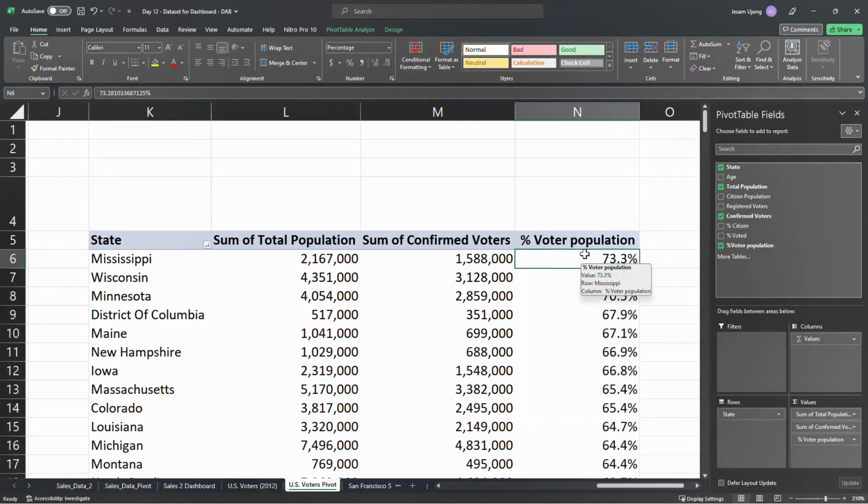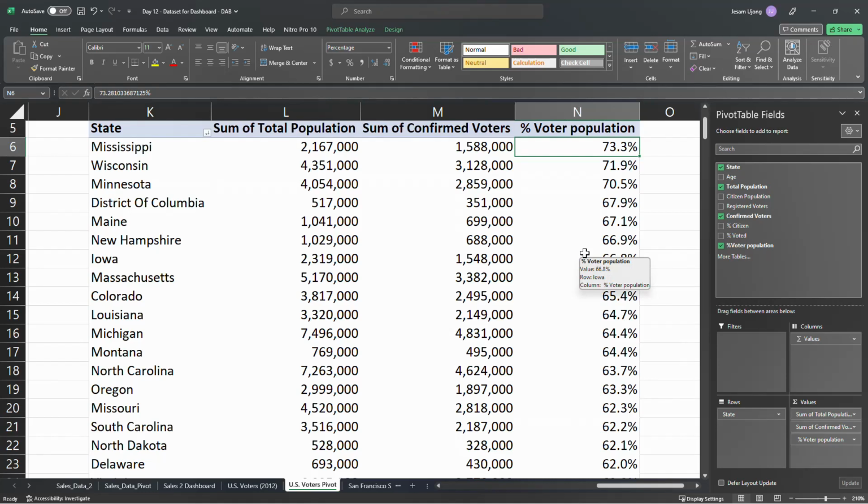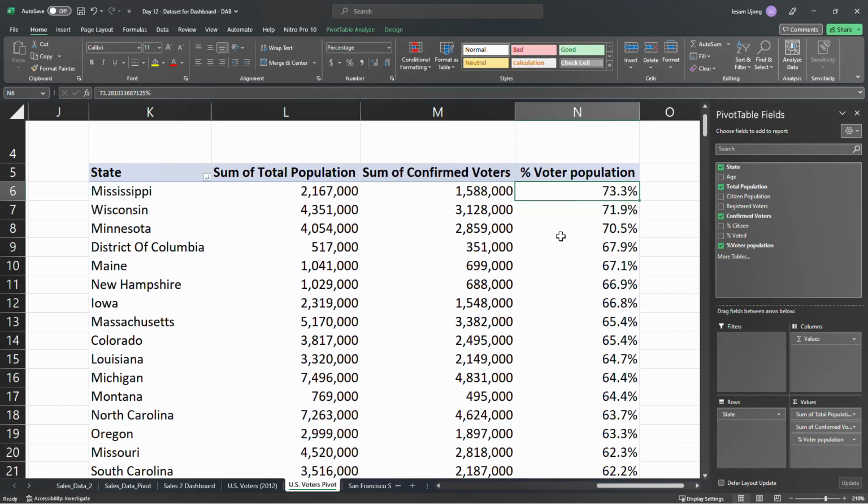Okay, I said what we did was total population divided by confirmed voters. But then how do you divide the whole body from the lower body? So usually in percentage, what percentage of this is this?